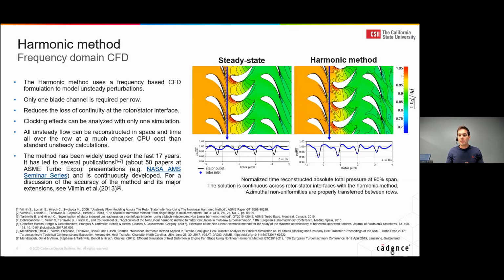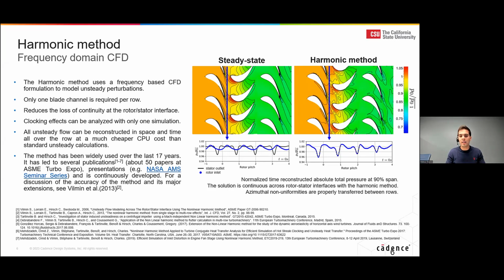Now, to tie the subjects together, CFD and tonal noise, we can use a method for computational fluid dynamics that we name the harmonic method. So the harmonic method basically is a frequency domain formulation for computational fluid dynamics that takes advantage of the frequency content of an inherently periodic flow and uses that to accelerate the convergence of your computation.